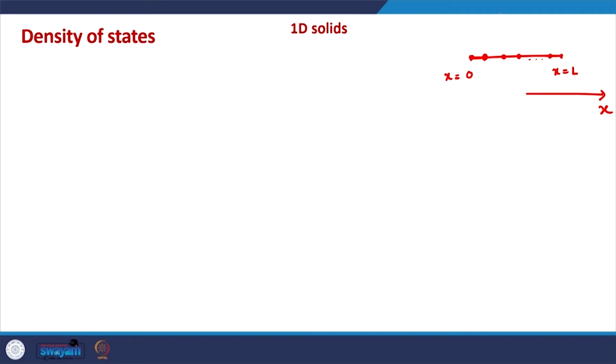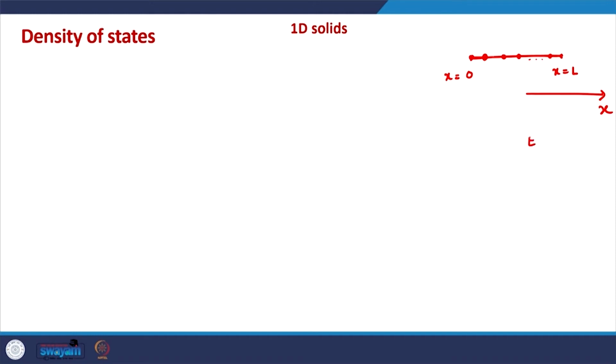but as we previously discussed in the KP model, by effective mass we can incorporate the impact of the crystalline potential of the lattice.